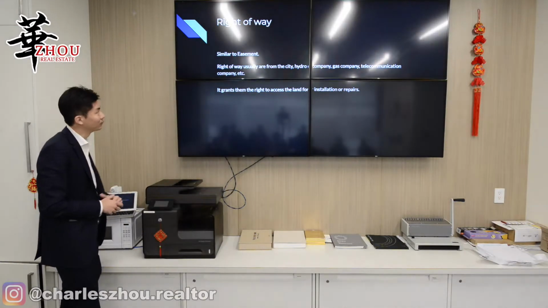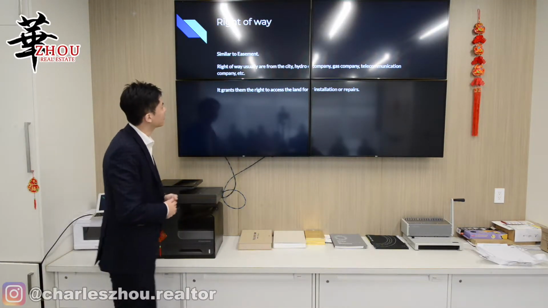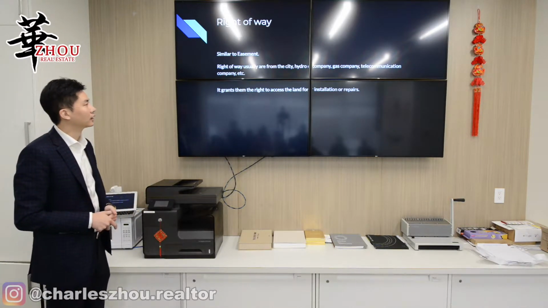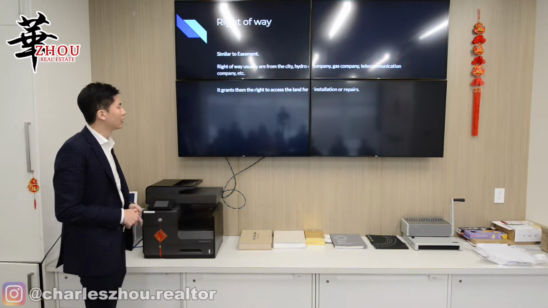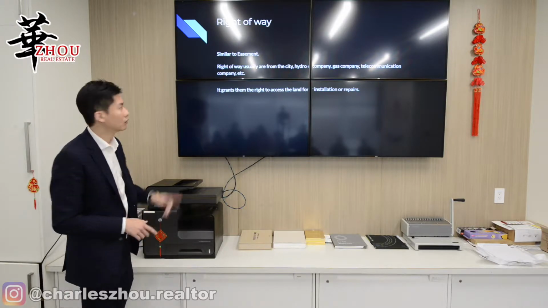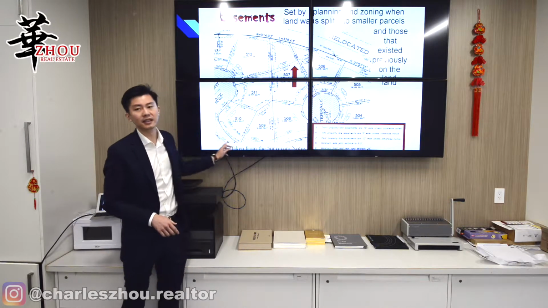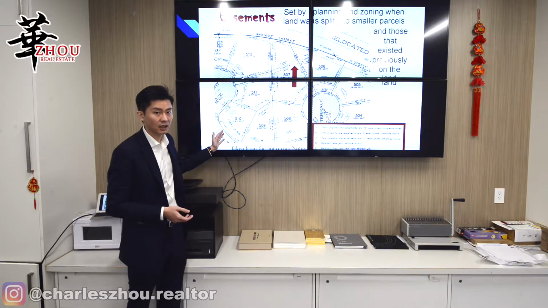The next one will be right of way. Similar to easement, but right of ways usually are from the city, hydro company, gas company, telecommunication company, etc. It grants them the right to access the land for installation or repairs. So the diagram you saw here could be from the city, a utility company or any other company.